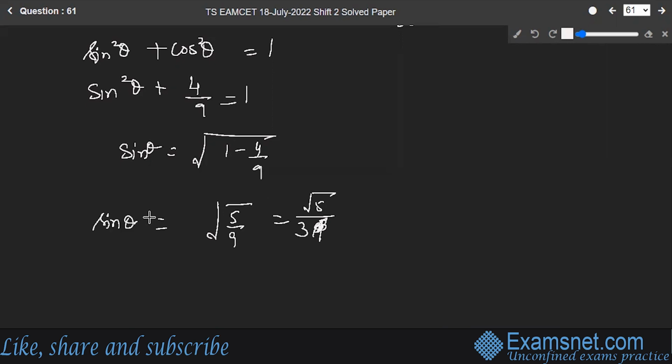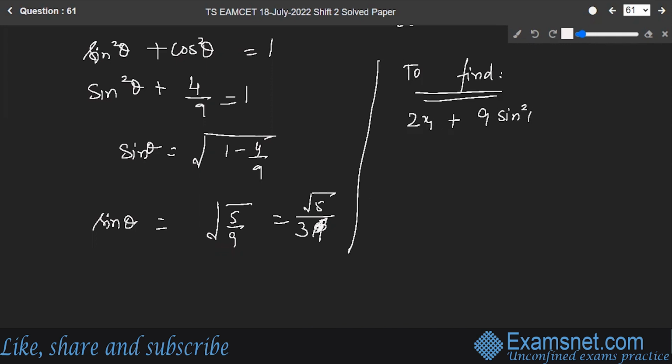Now I have everything to solve the question. We needed to find 2x1 plus 9 sine square theta. X1 was equal to 5 secant theta, plus 9 sine square theta was 5 by 9.